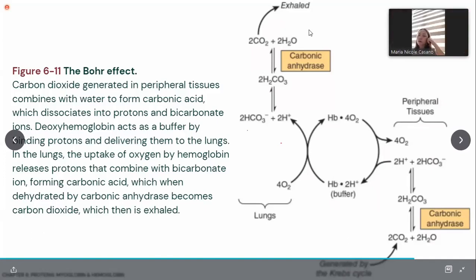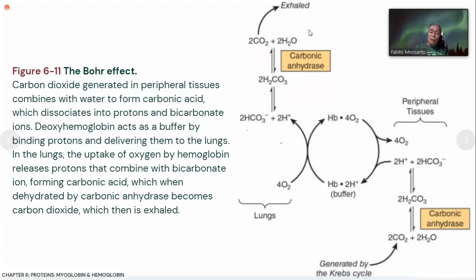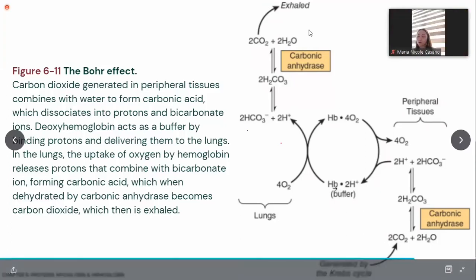They control the pH in the body. Buffers maintain the pH of the solution where they are being put into. Your hemoglobin is a very good buffer, and this hemoglobin buffers this hydrogen.